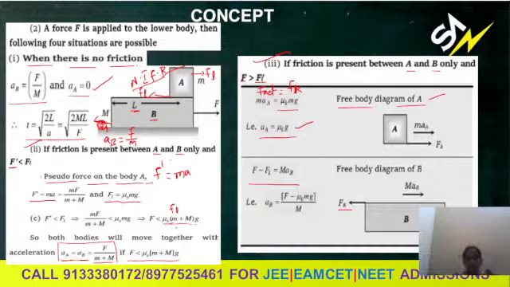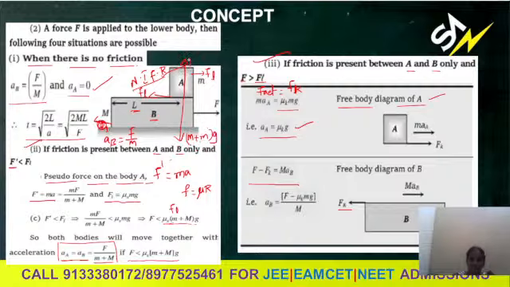And in this case, what is the limiting friction that develops between them, where the applied force is on the lower block? It will be equal to F equals mu into reaction. So here the reaction force will be m plus m into g.